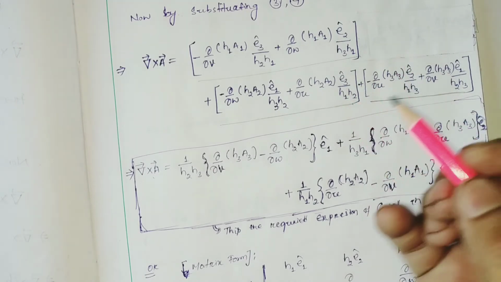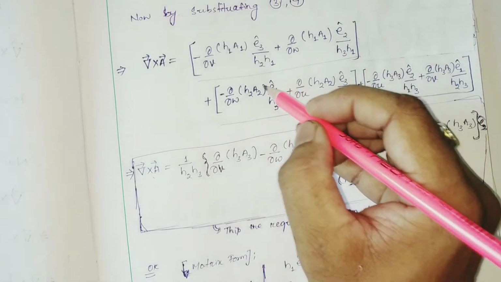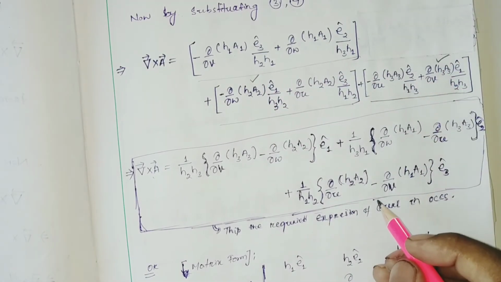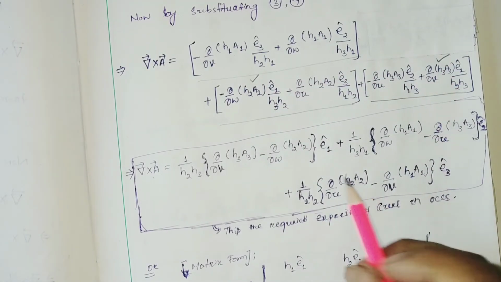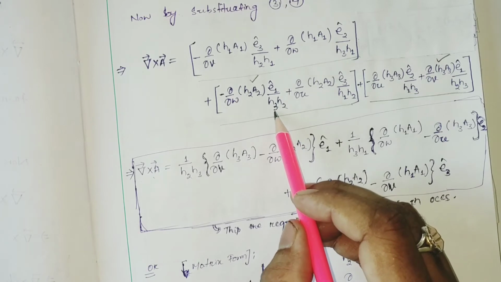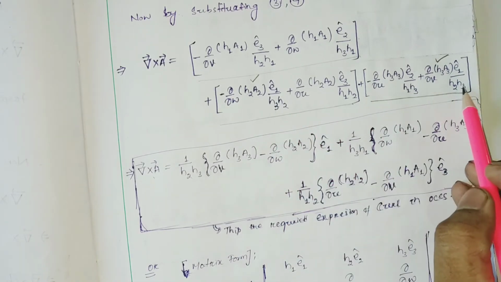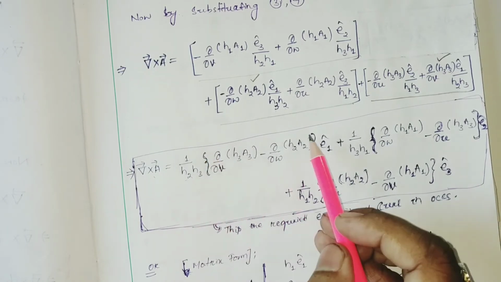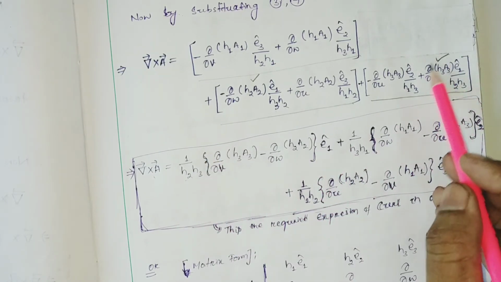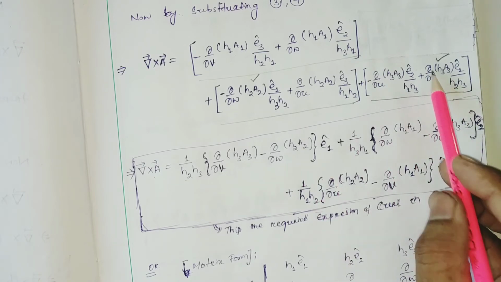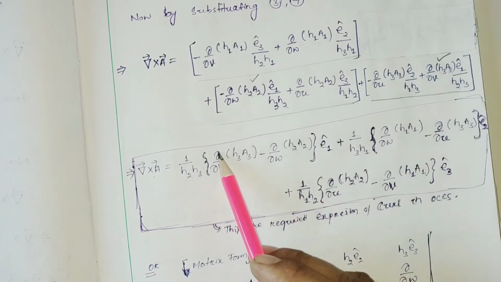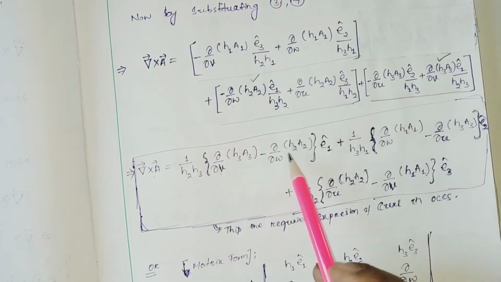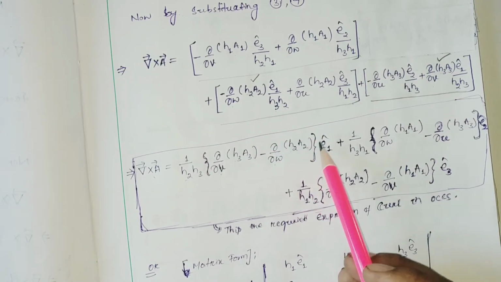The first two terms belong to E1 cap, this one and this one, right? So here you can see in the denominator H2 H3 is there, so taken outside 1 by H2 H3. In the bracket I have written this term first because this is positive, so del by del V of H3 A3 minus del by del W of H2 A2, E1 cap.